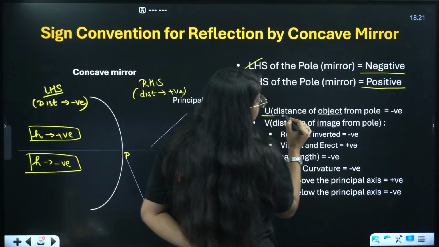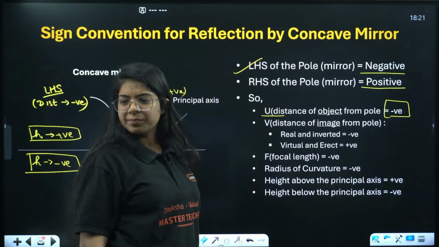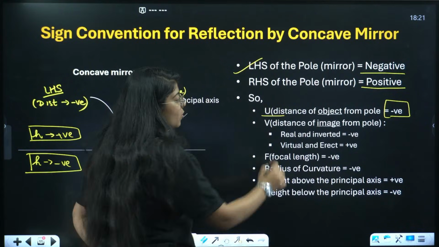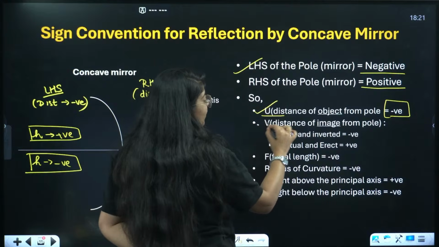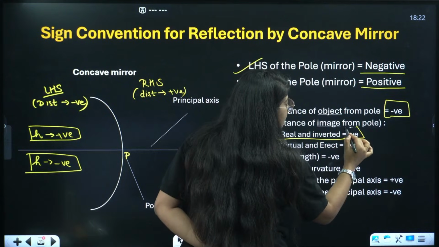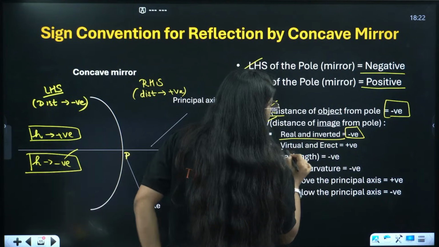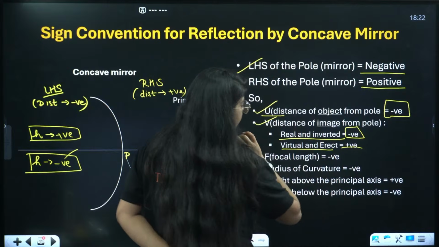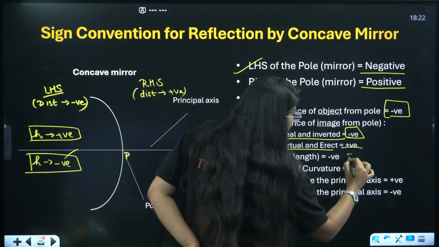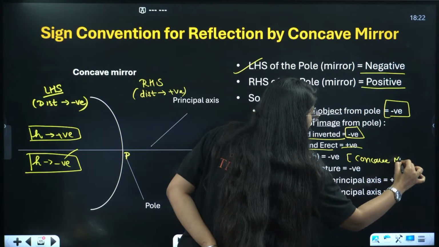Now u is always negative. ठीक है, who said it? Yes, Amit Kumar said u is always negative. Very good. Now v, in case of mirror, if it is real and inverted, v is negative. If it is virtual and erect, v is positive. Now focal length of concave mirror.